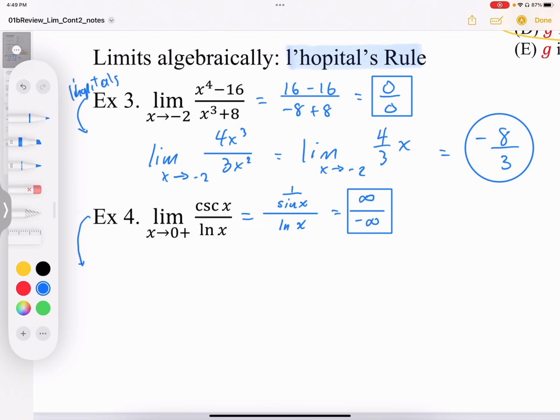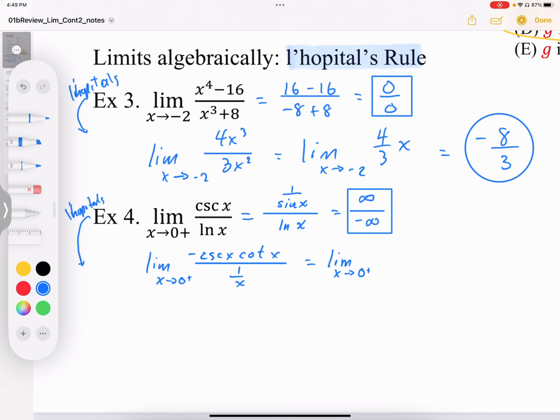So I'm going to apply L'Hopital's. I end up with the limit as x approaches 0 from the positive side. I differentiate the cosecant and the log. The cosecant differentiates into negative cosecant x cotan x, and the denominator becomes 1 over x. To evaluate this, I put the 1 over x in the numerator and the cosecant and cotan in the denominator as sine and cos.